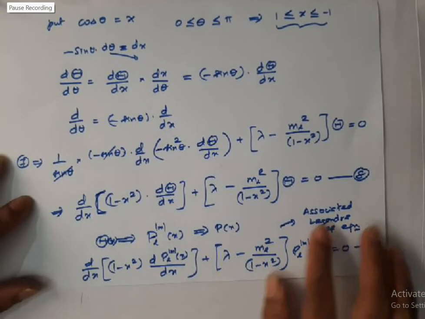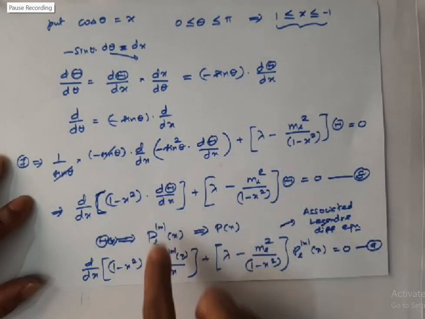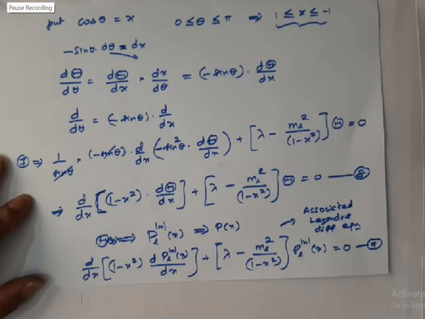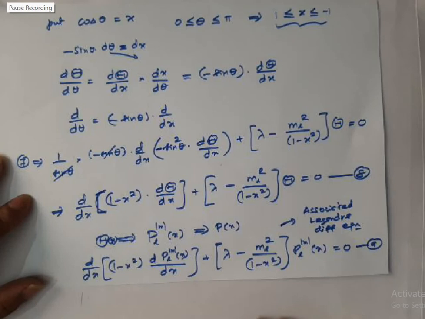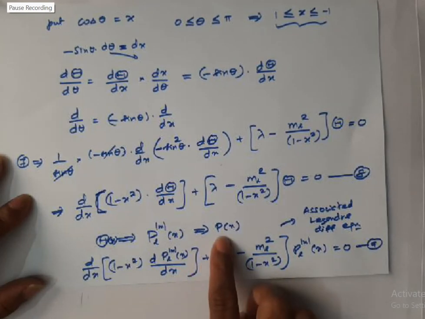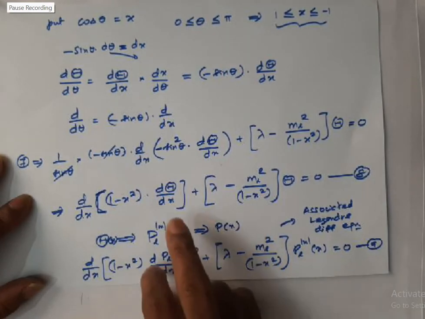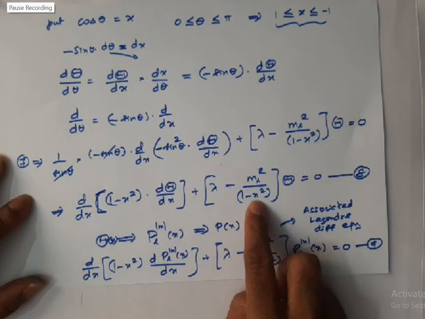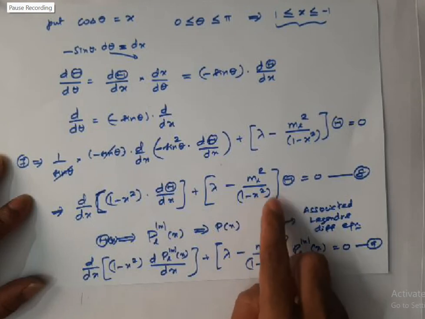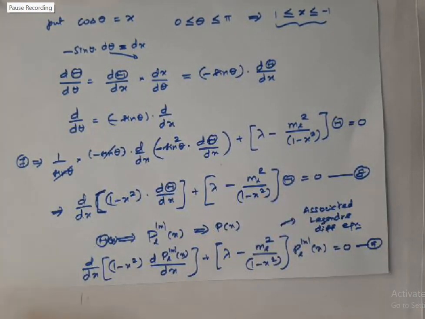Let me just focus on equation number 8. I told you both these equations are one and the same. Instead of theta we should put p, where p denotes the Legendre function. Before we begin, see here we have a 1 minus x square term in the denominator in equation number 8.